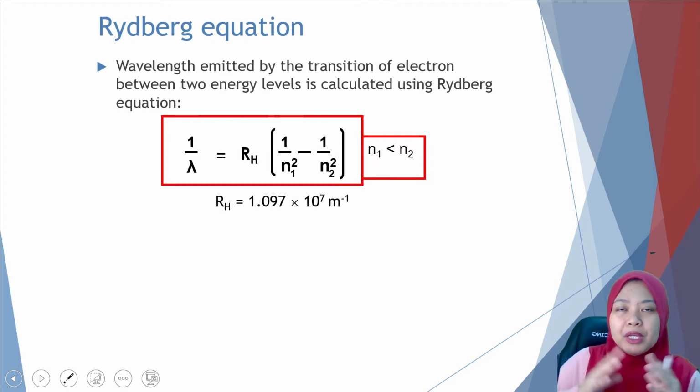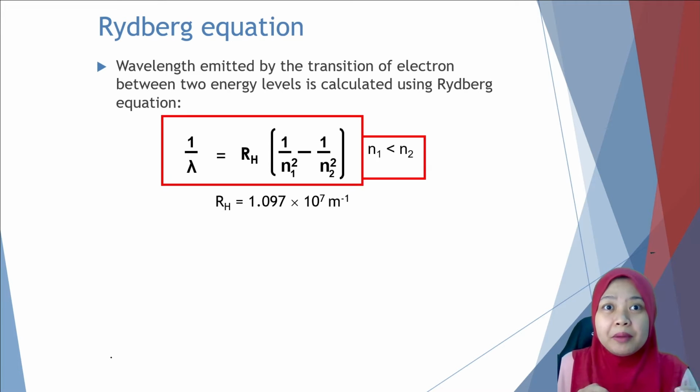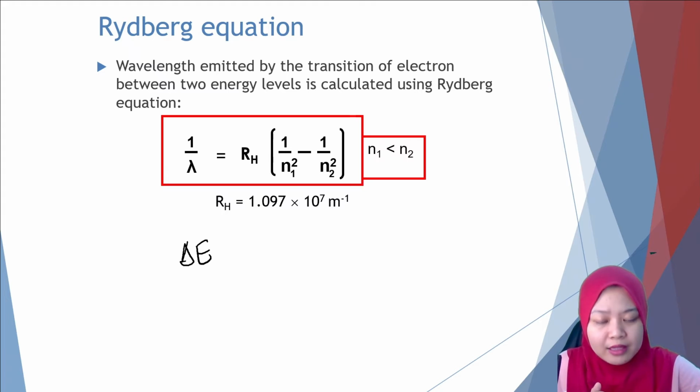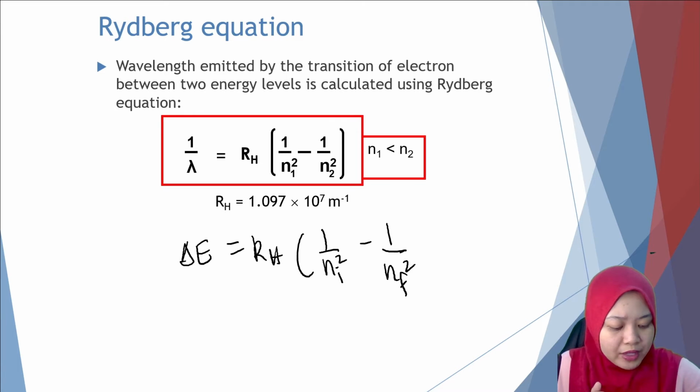As you can see, the Rydberg equation formula has similarities with the delta E formula you learned in the first video. If we recap the formula from the first video to calculate the delta E, the formula is delta E equal to RH times 1 over n initial squared minus 1 over n final squared.